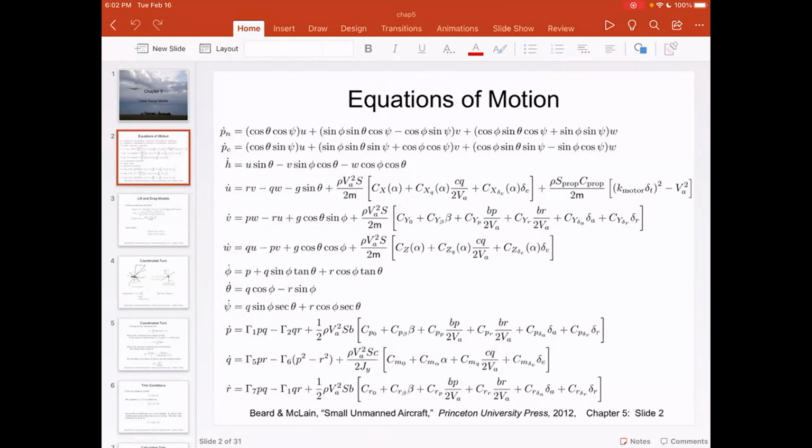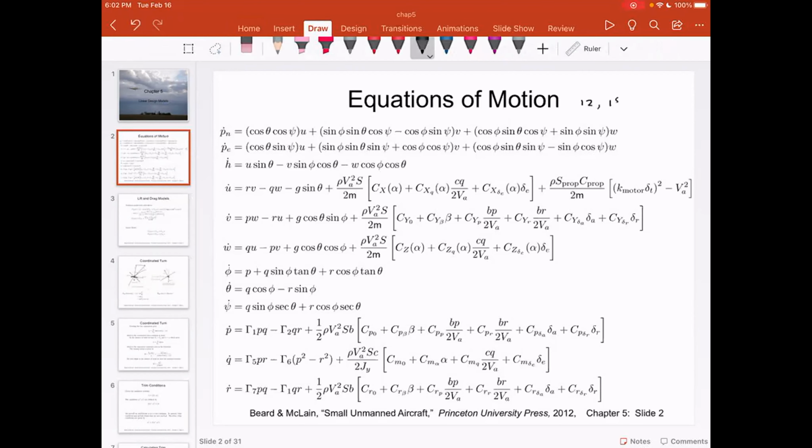Believe it or not, this is the equation for the MAV, and these equations we programmed inside the Simulink environment. For a moment, look at these equations very closely. You will see these are 12 first order differential equations.